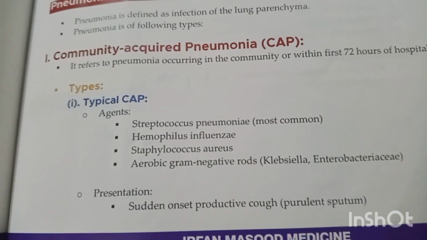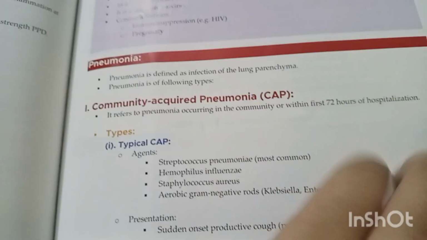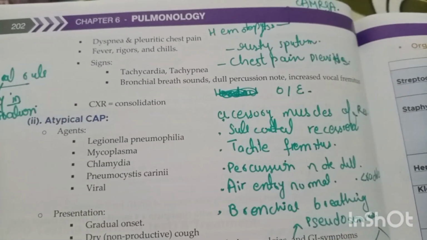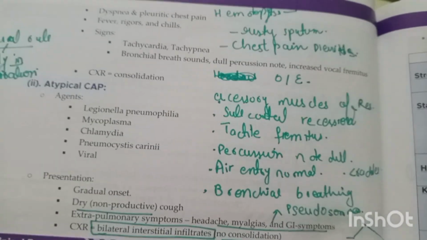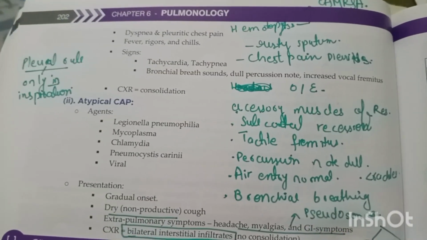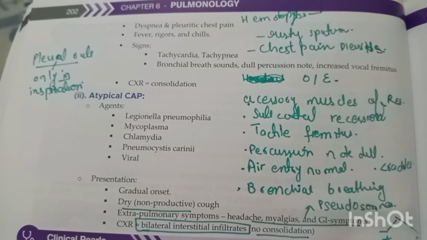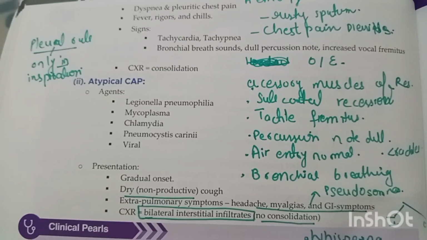So you should remember, if the patient presents to you with a mucopurulent cough, chest tightness, fever, rigors and chills, tachycardia, tachypnea, and bronchial breath sounds, the patient can also present with hemoptysis, rusty sputum, chest pain, and a pleural rub, and the pleural rub is only in inspiration.